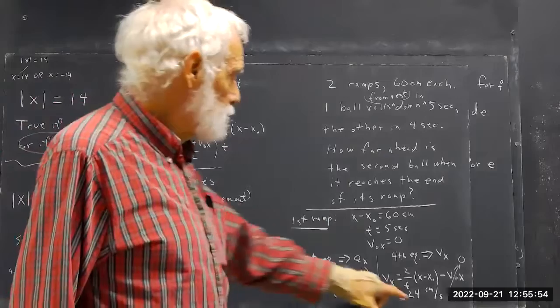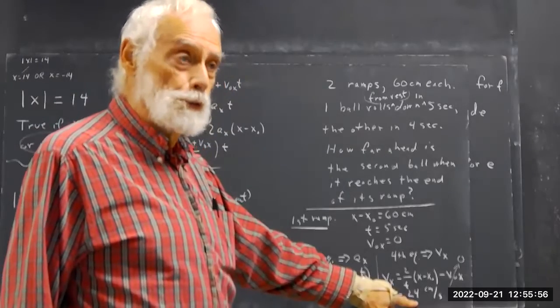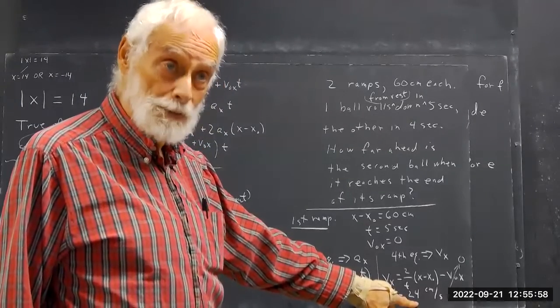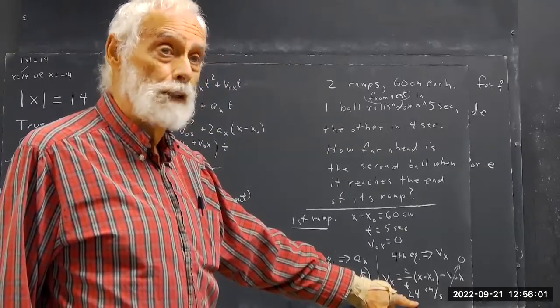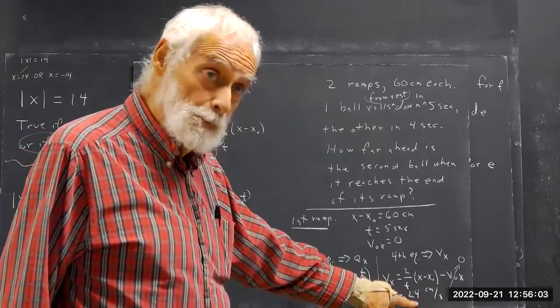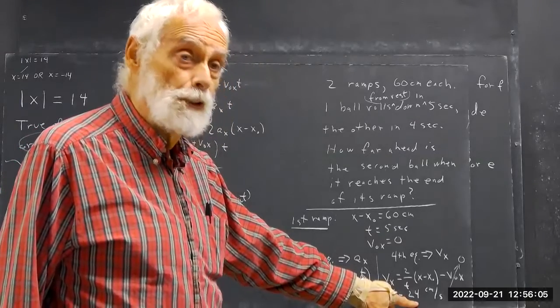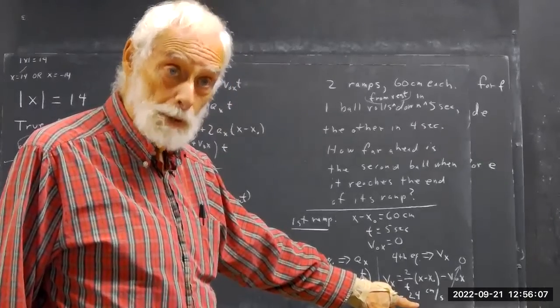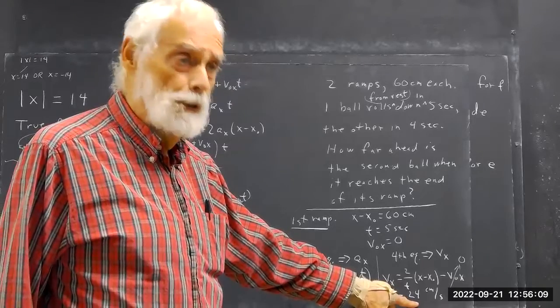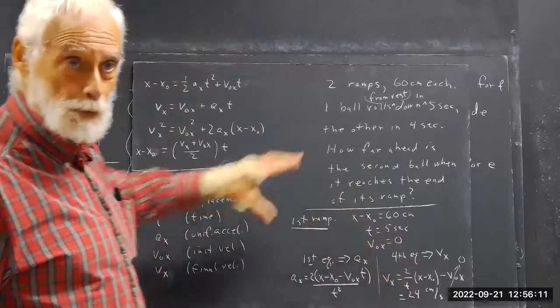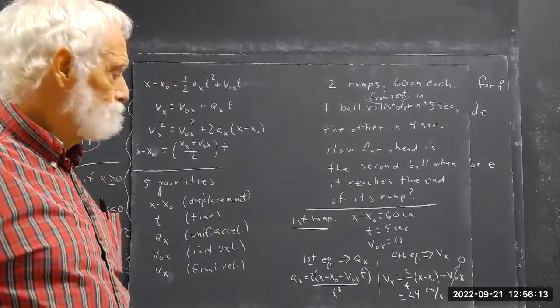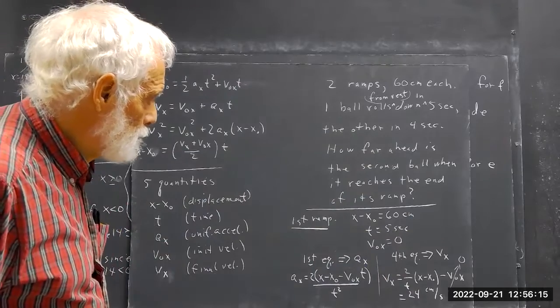What's the change in velocity? 24 centimeters per second. What's the time? 5 seconds. What do you get when you divide 24 centimeters per second by 5 seconds? You get 4.8 centimeters per second squared. I think we did this in class last time, but less formally, less meticulously. Okay.